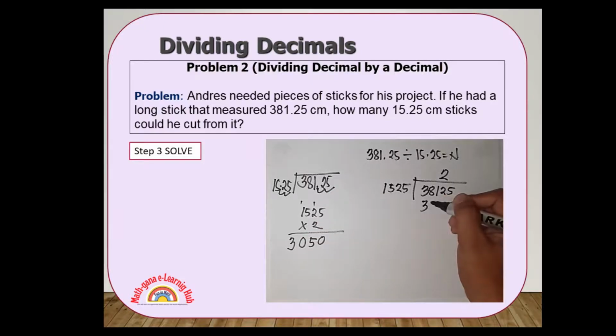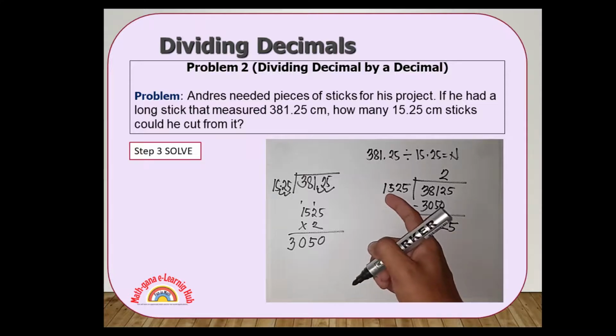So we have 3,050. Let's subtract. 2 minus 0 equals 2. 1 minus 5 cannot, so borrow from 8. That is 11. This is 7. 11 minus 5 equals 6. Then 7 minus 0 equals 7. 3 minus 3, that is 0. Bring down 5.